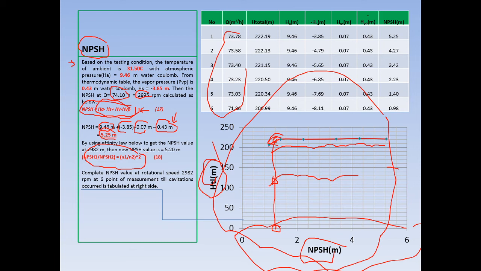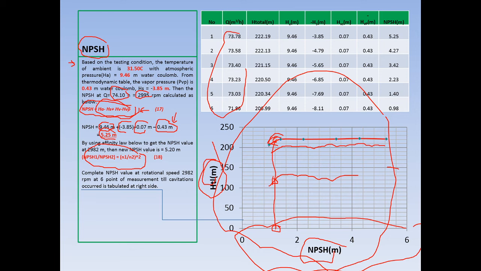What is the meaning of this? The meaning now is very simple. So after I run the pump on the test lab in the pump manufacturer, I got that at 73.3 meter cubic per hour, NPSH required 5.25 meters. This already includes when the need for the cavitation, 4.3 meters.